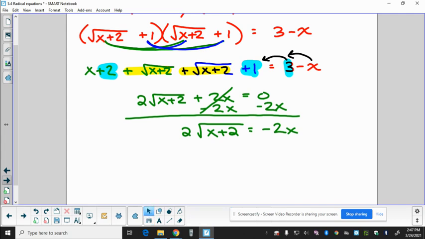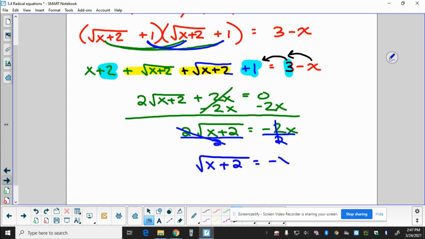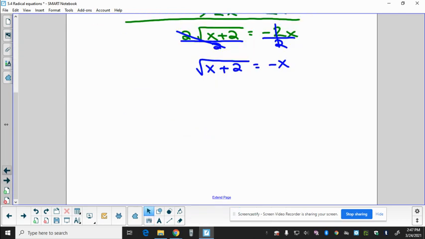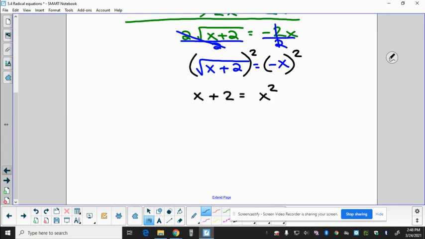I think what I'm going to do next is I'm going to divide by 2. Okay, I don't like the square root. I'm going to square it. And then I'm going to bring everything to the other side.